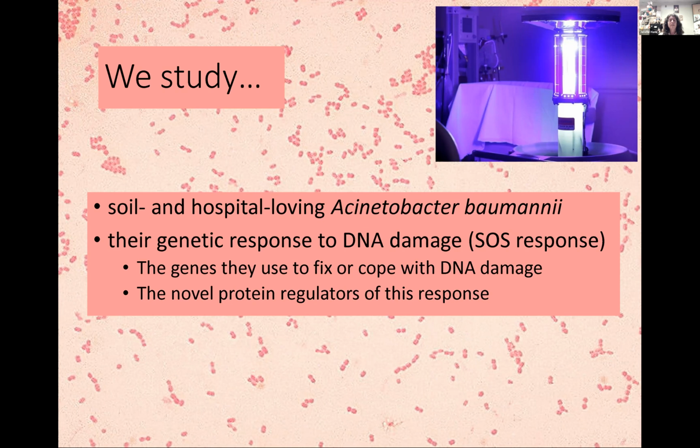What we study are the responses of these bacteria when their DNA gets damaged, such as you might think with exposure to radiation like UV light, which is actually one of the things we use in our lab to cause DNA damage: we expose the cells to UV light. So mostly I'm going to talk about the actual genes that cause regulation of other genes.